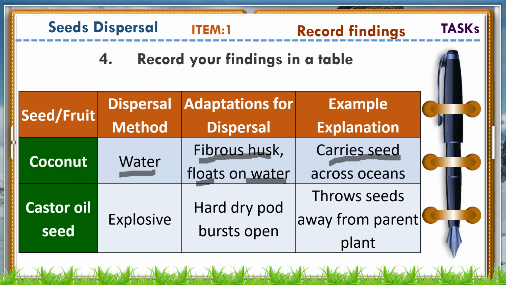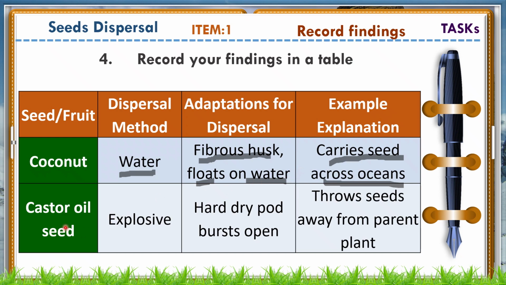This carries the seed across the ocean. So the water is going to carry the coconut seed across the ocean because it can float on water for a longer distance. Therefore, it will be dispersed to a new area away from the parent.